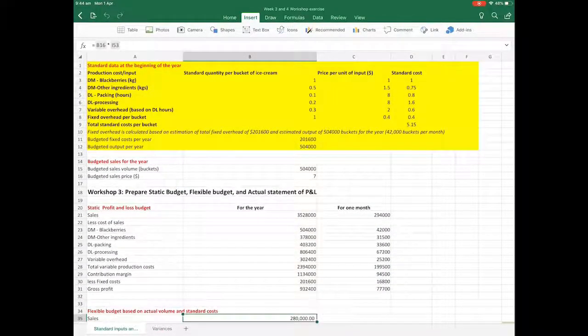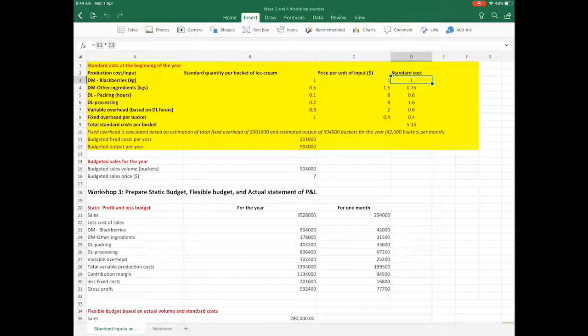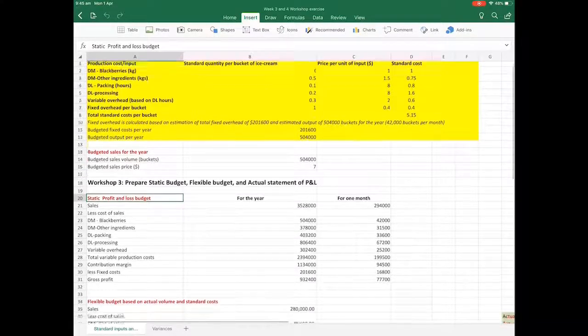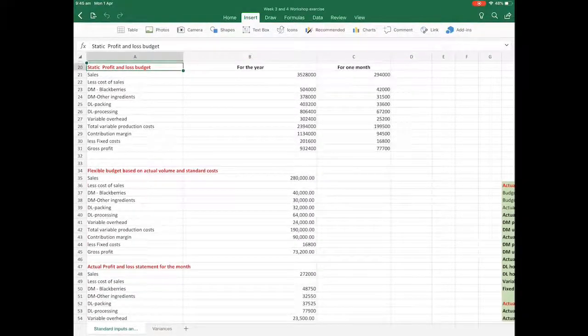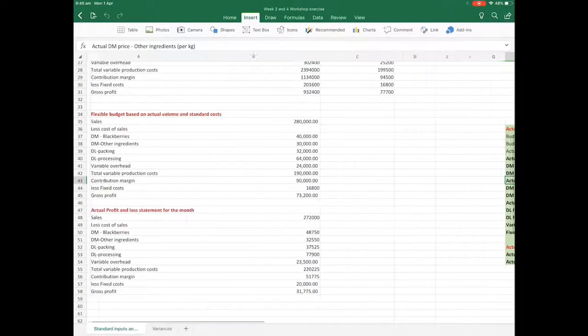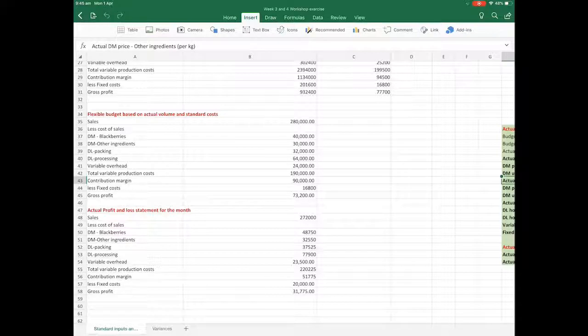We calculated the standard cost and then used that to build the static profit and loss budget, and we also used the standard cost and the actual volume of sales to prepare the flexible budget. Based on the actual data for the first month, we produced the actual profit and loss statement. Now, to calculate the variance, we want to see the differences between these three statements.